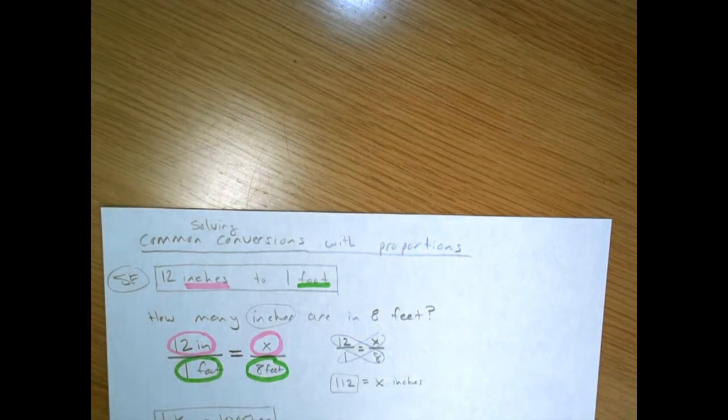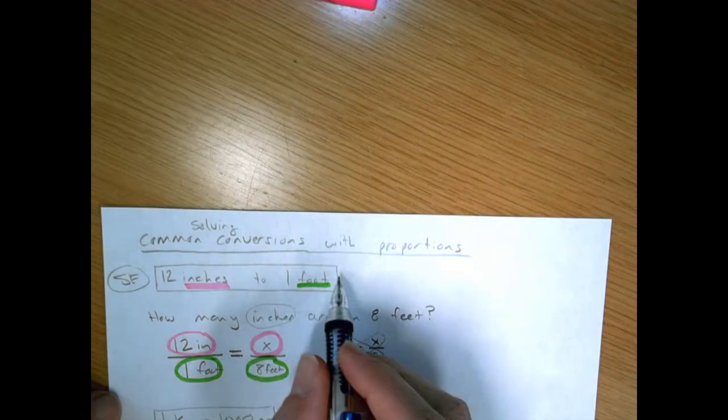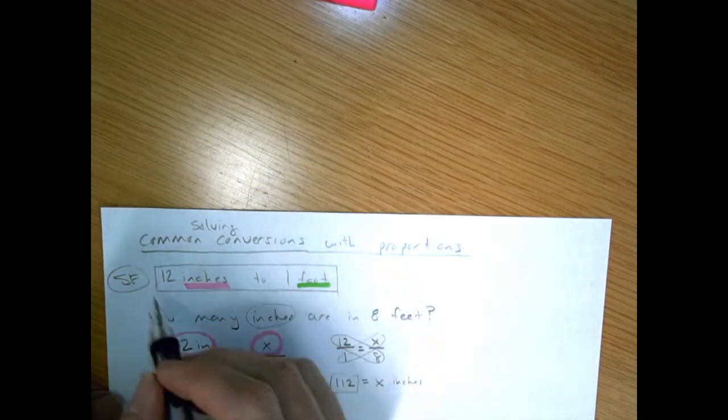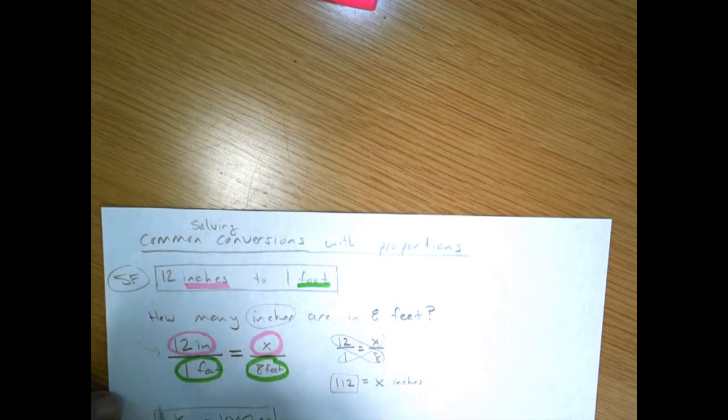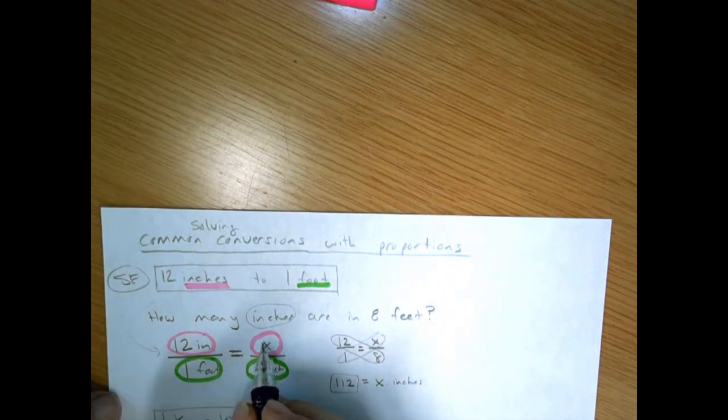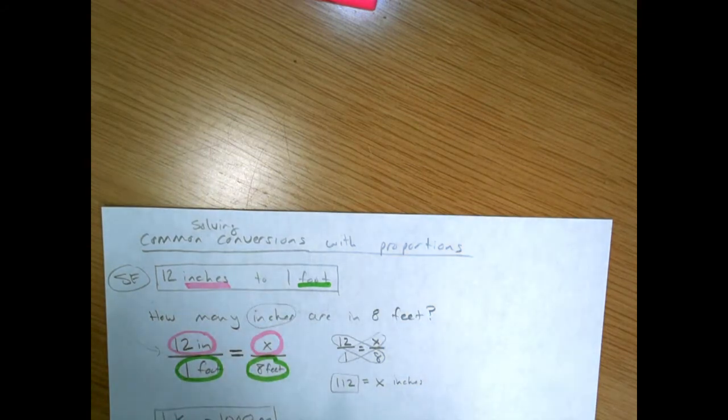And that's solving with proportions or cross products. You can do that for any basic type of measurement. If you know the conversion scale factor or rate, you can use that conversion to set up a proportional relationship. But make sure that your terms match. Numerator, numerator, denominator, denominator. It's just best that they match. There are other ways to set them up, but that's just a nice way of doing that.